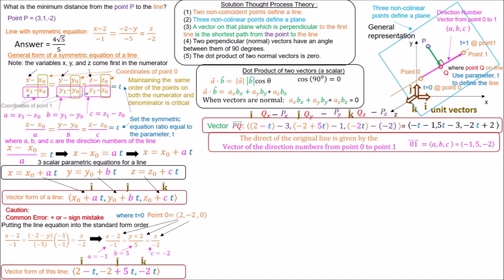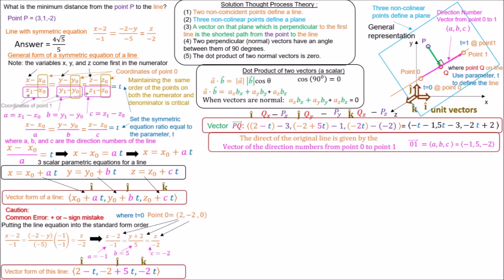The vector shown in pink, which is the vector with starting point 0 and ending point 1, is lying on top of the orange line, and therefore it's parallel to the orange line. And we know that vector can be described as: the i hat coordinate is the x coordinate of point 1 minus the x coordinate of point 0, which is defined as a, the direction number in the i hat direction.